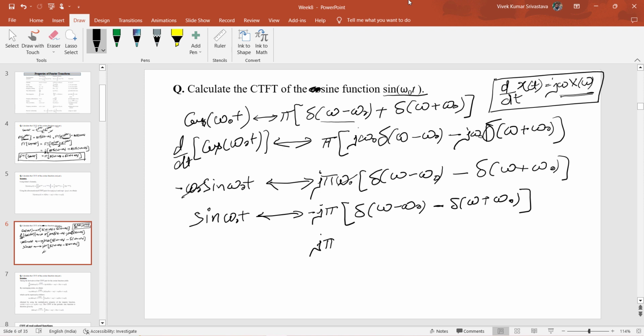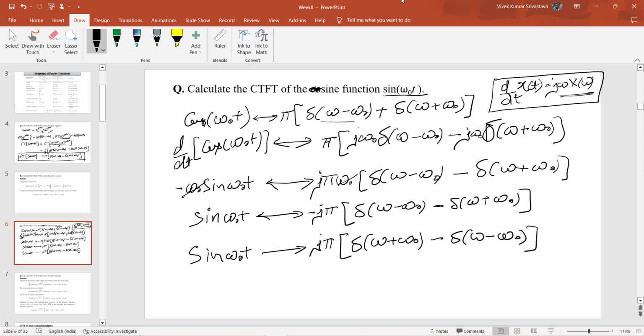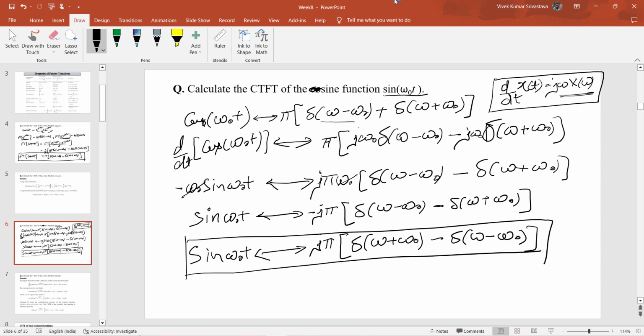So this will be equals to j pi delta of omega plus omega naught minus delta of omega minus omega naught. Okay, so this is basically the Fourier transform of sine of omega naught t. So we can see here that we can also use the properties of the Fourier transform to evaluate the Fourier transform of some function.